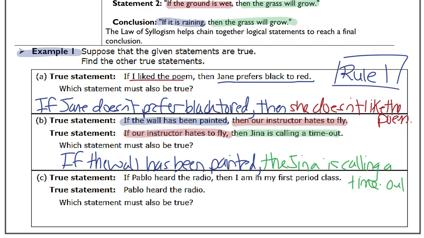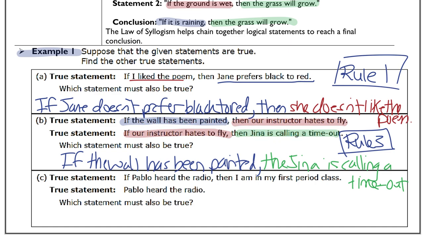Now, this was that law of syllogism, which references Rule 3, which is kind of like we're basically stringing or chaining those events together. We basically delete those to jump from the blue part to the green part.